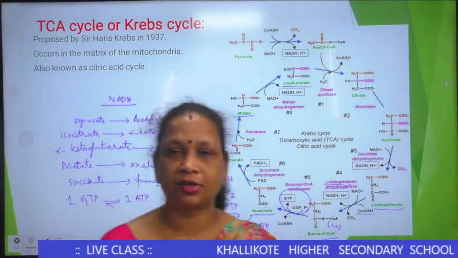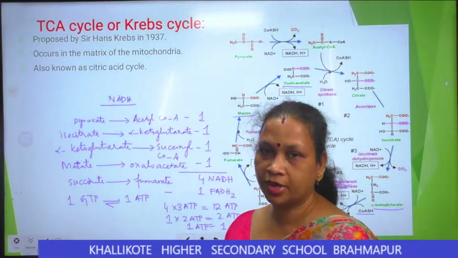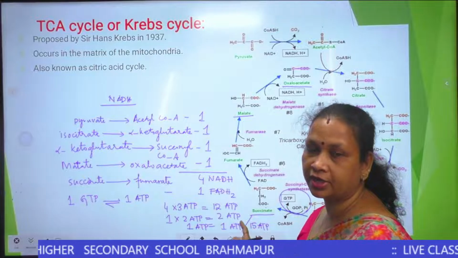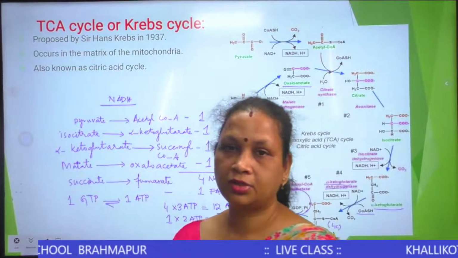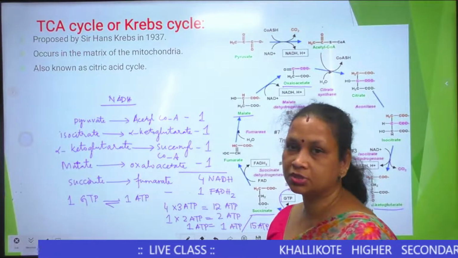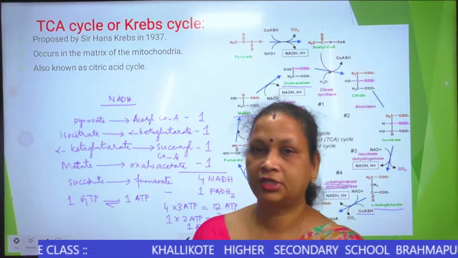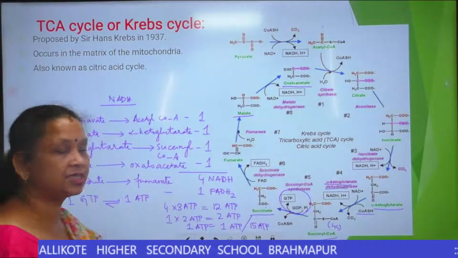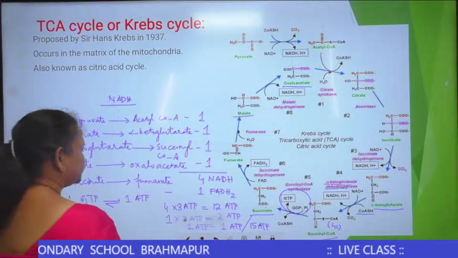So, in the glycolysis process, we obtained 2 molecules of pyruvate, and so from 2 molecules of pyruvate, we can get 30 molecules of ATP when there is electron transport system and oxidative phosphorylation after the TCA cycle. So, this is what happens in the TCA cycle, a set of 8 reactions that occur.